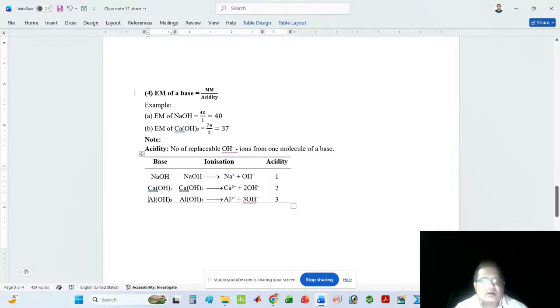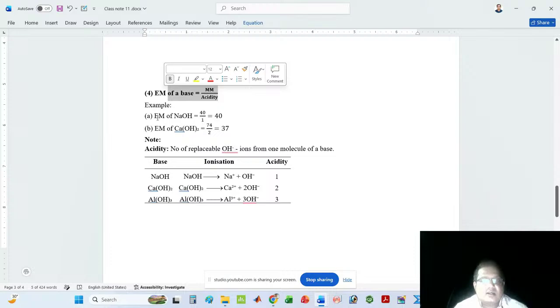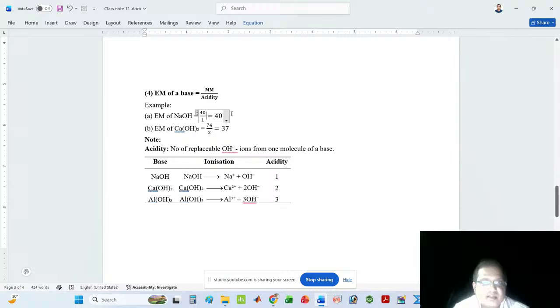Now discuss the equivalent mass of a base. Equivalent mass of a base is equal to molecular mass divided by acidity. Look at that. Equivalent mass of NaOH: the molecular mass of NaOH is 40 and the acidity is 1.